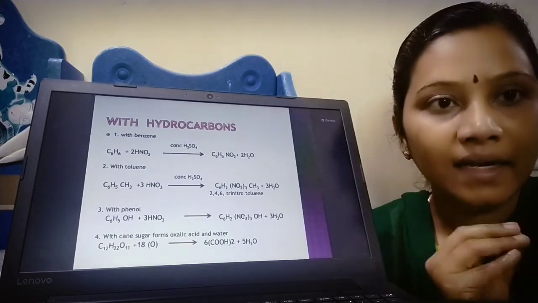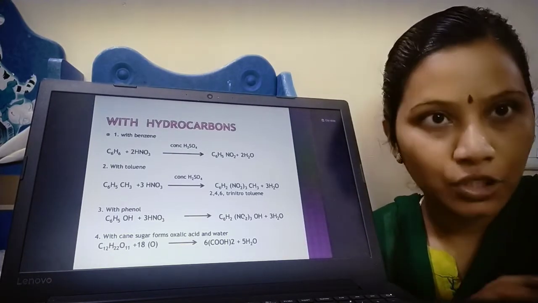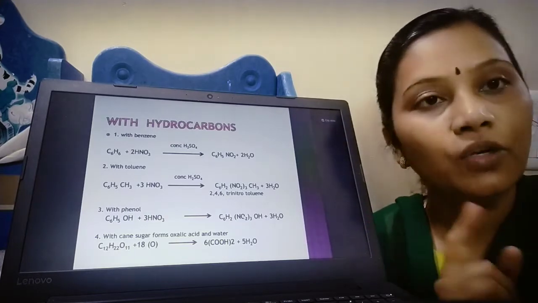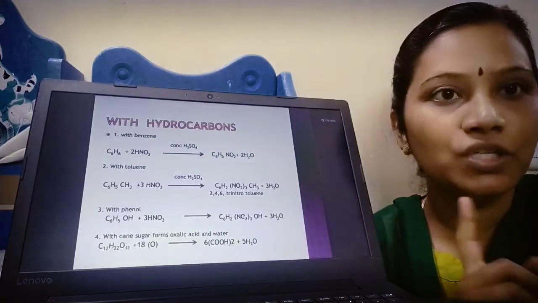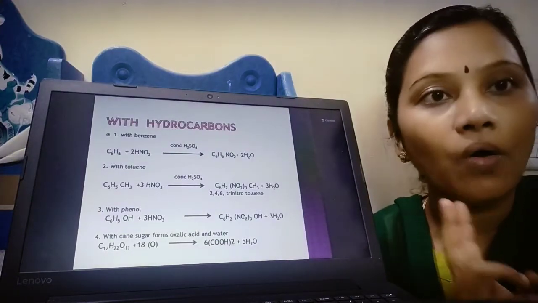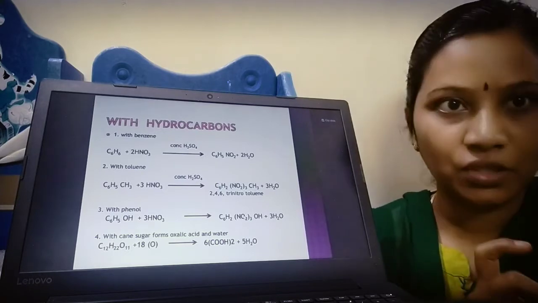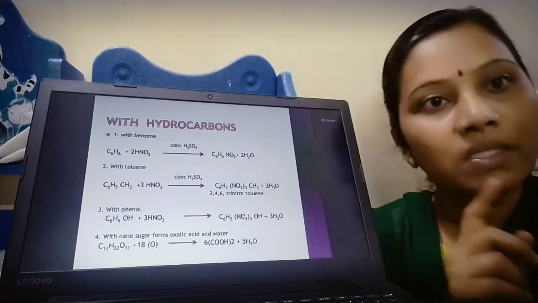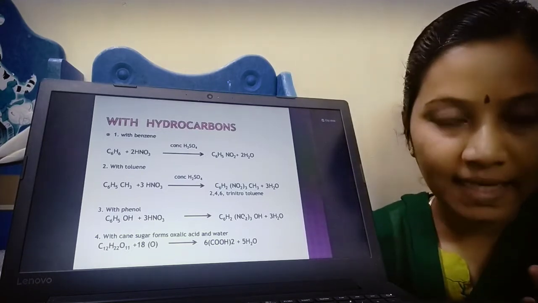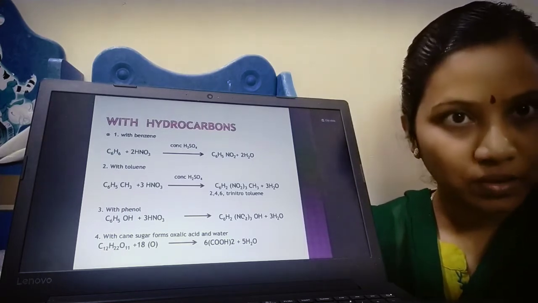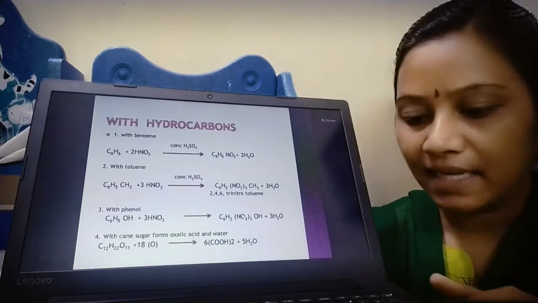When I add nitric acid to cane sugar, I will get oxalic acid and water. You know the formula for formic acid, HCOOH. Oxalic acid is 2 COOH groups. So when I add nitric acid to cane sugar, I will get oxalic acid and water molecule.